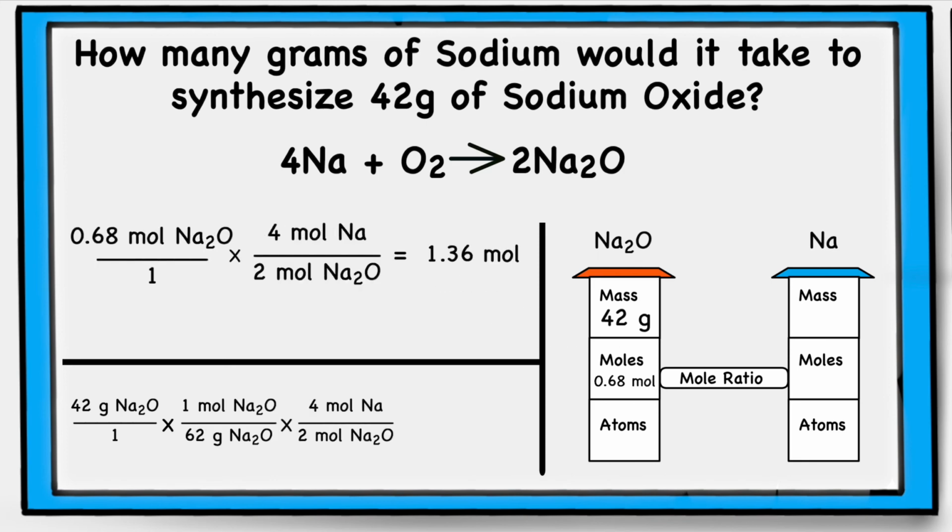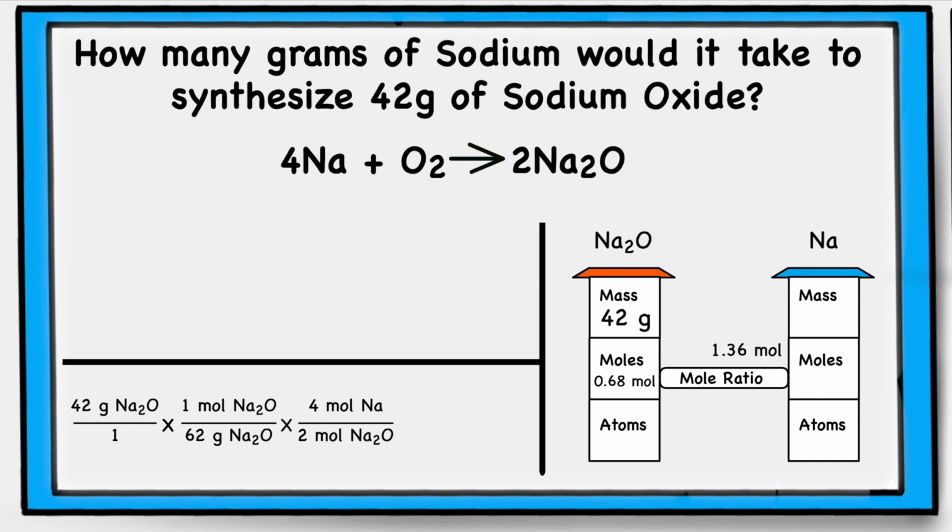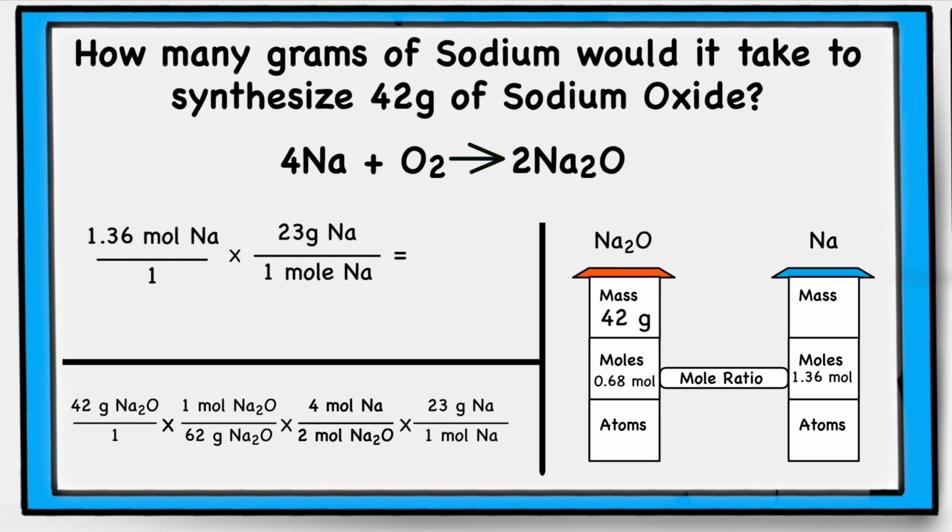In other words, we're going to multiply it by the relationship of 4 moles of sodium over 2 moles of sodium oxide. This gets us our moles of sodium, which we then multiply by 23 grams of sodium over 1 mole of sodium. Once we do this, we get about 31.16 grams of sodium needed to produce 42 grams of sodium oxide.